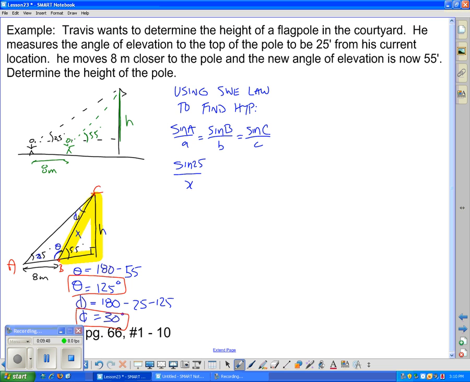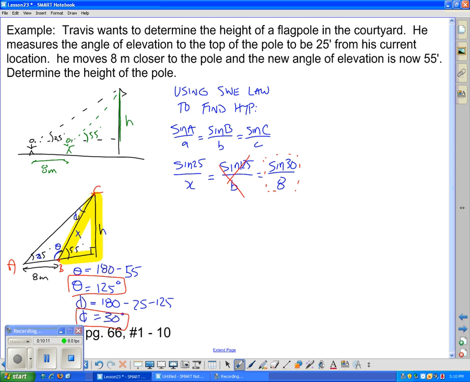That's actually the length I want to find. Sine of B, so that's sine of 125, and I don't know that side, so we'll just call it little b for now. Sine C, that was the last angle I found, sine 30 over 8. So we found the pivot fraction. Okay, so that's the one we're going to use.